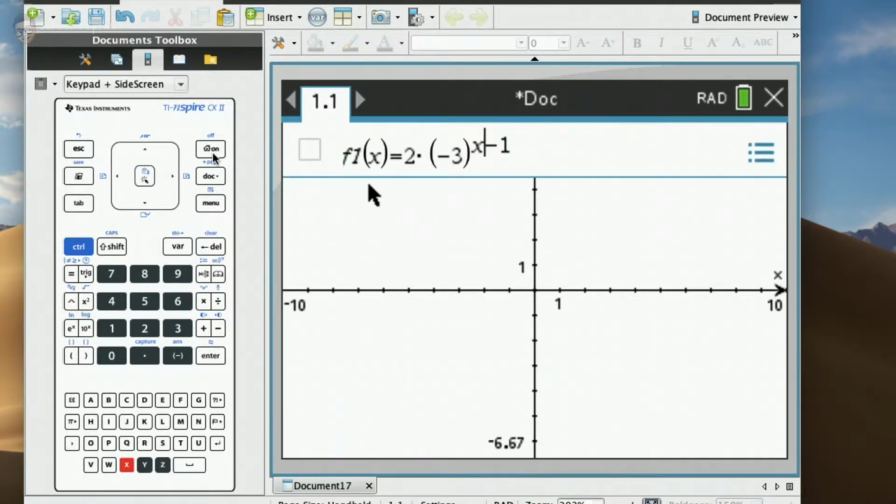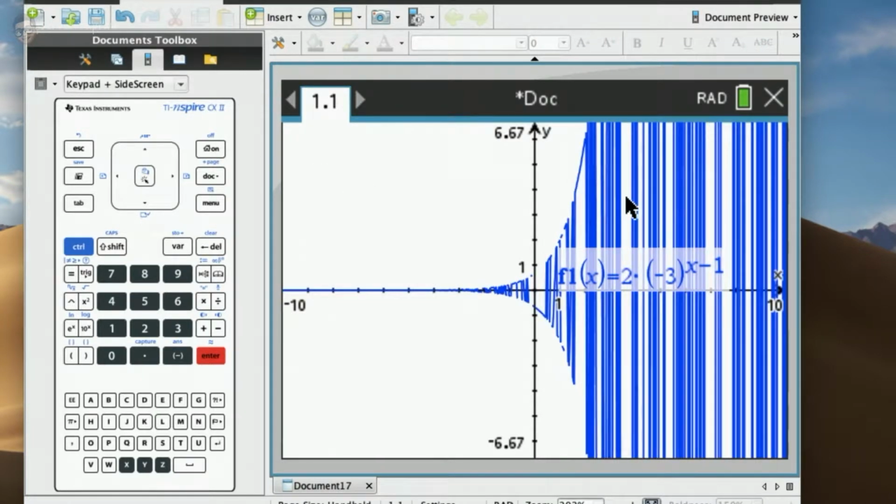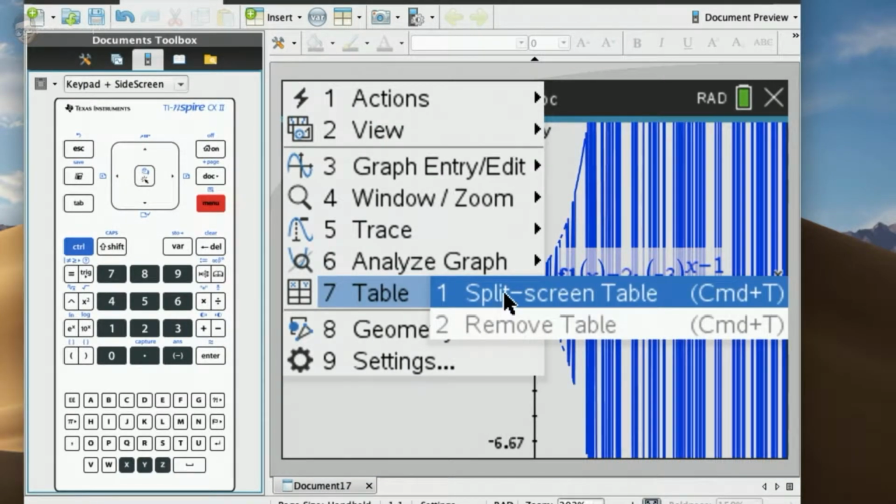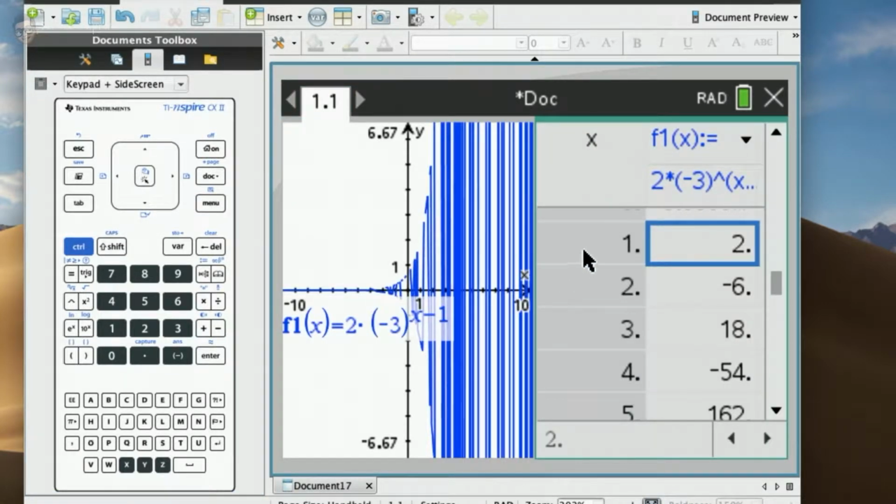And I'm not interested in its graph, I am interested in the table of values. So to do that, I will click on menu and I will go to table and I will click on split screen table. When I do that, this gives me the terms of the sequence. First term is 2, second term is negative 6, third term is 18, and so on.